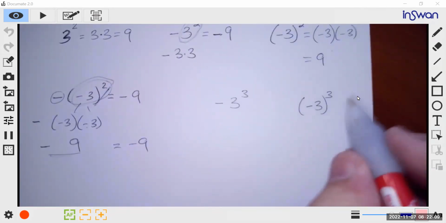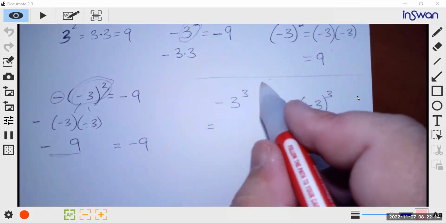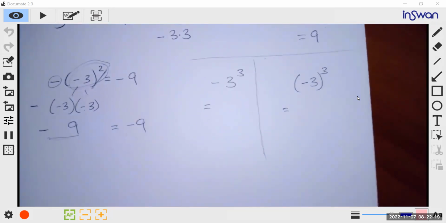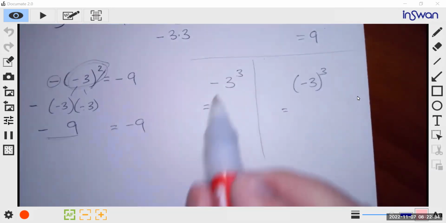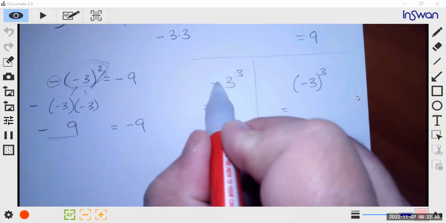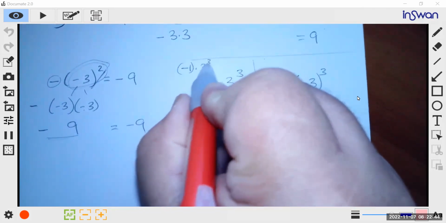How about these two? What's that? Just 27? Is the negative included in this? What this really looks like is negative 1 times 3 to the third. That's what it looks like.